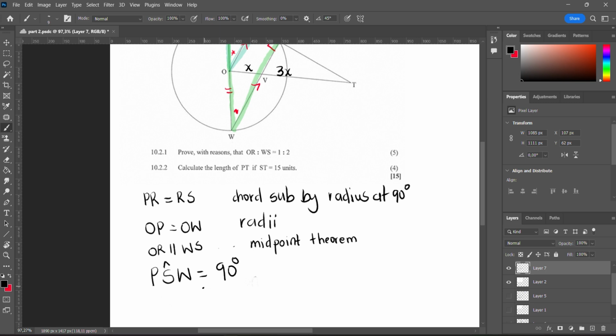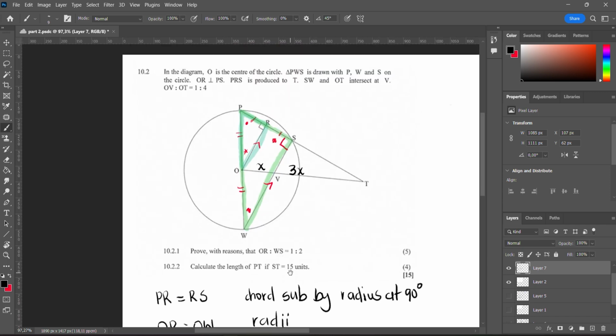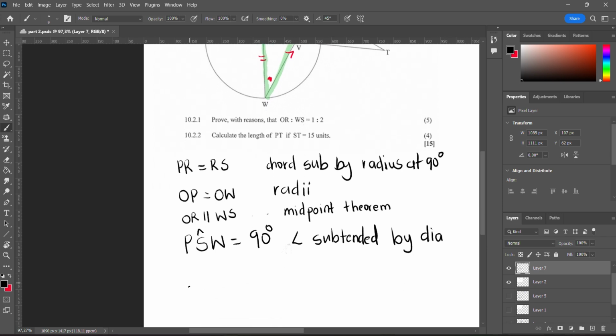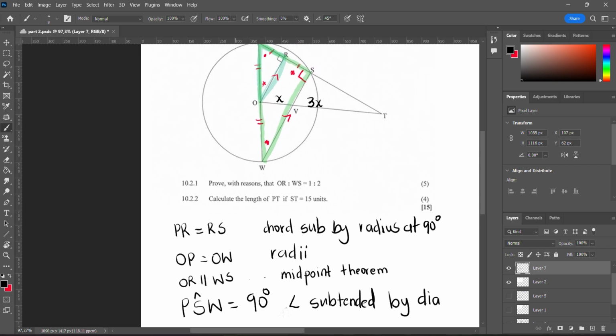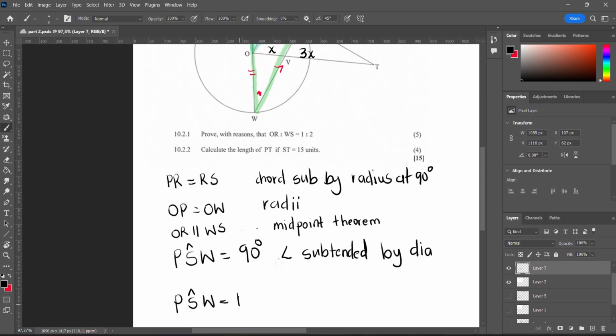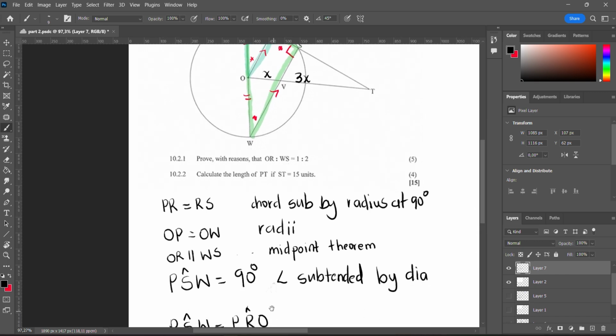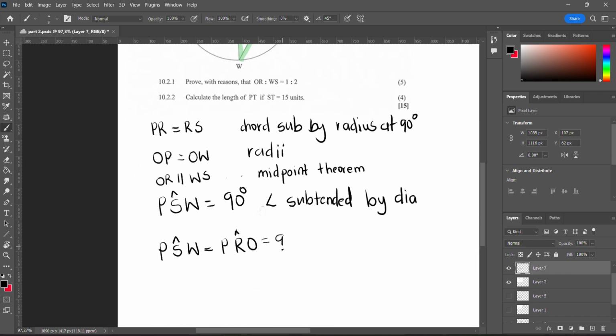So that is 90 degrees, and you say angle subtended by diameter. Oh my god, I wrote the whole subtended by diameter. So yeah, and now we have that angle PSW equals angle PRO, which equals 90 degrees.